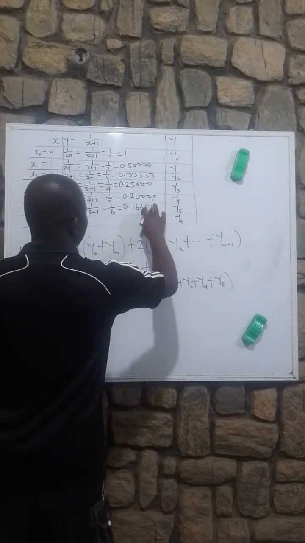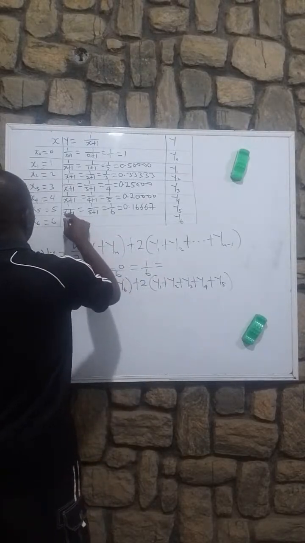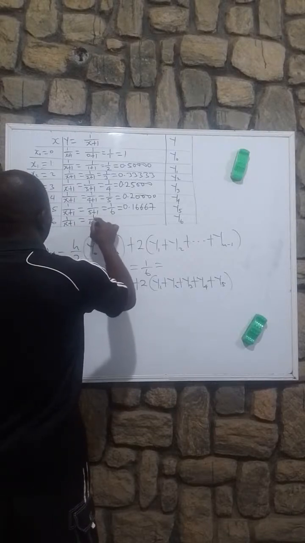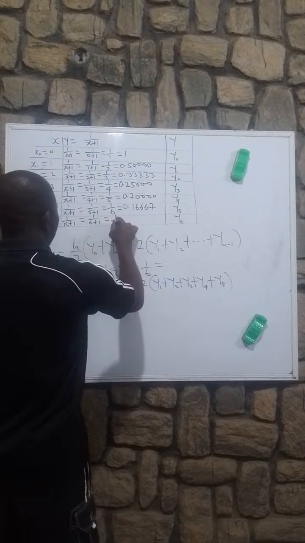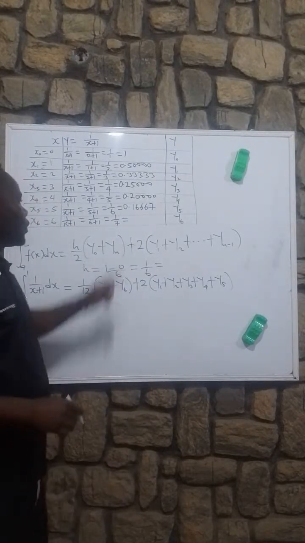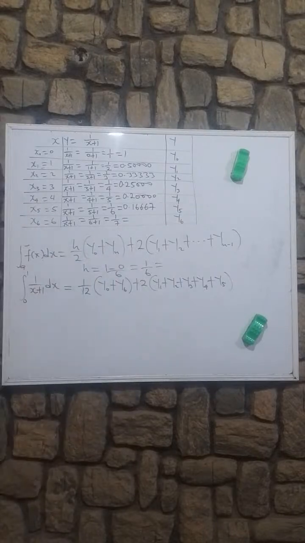Approximately here will be 7, if I'm not mistaken. Then 1 all over x plus 1 equals 1 all over 6 plus 1 equals 1 all over 7. What is 1 all over 7? Press 1 all over 7.